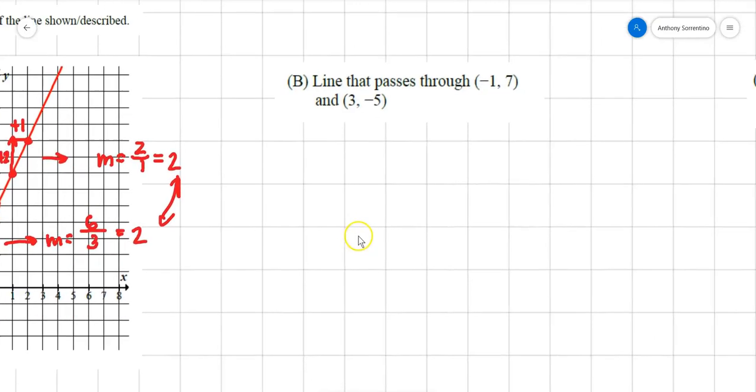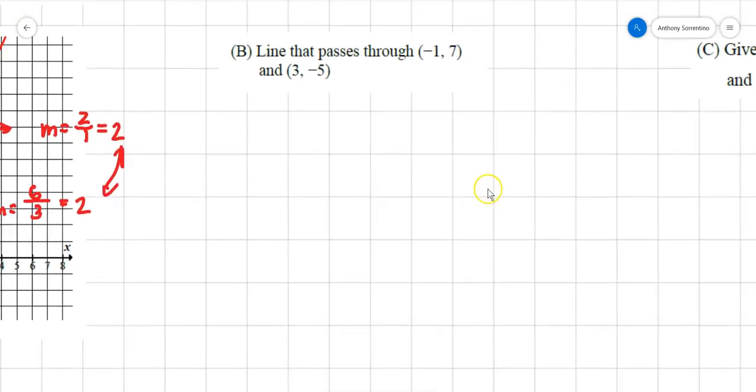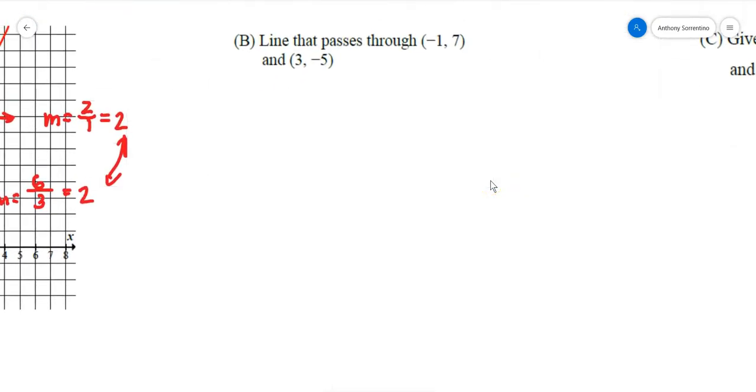If you're given nothing but coordinates, though, yeah, you could graph it and then count spaces like I did for part A. But again, I just have to use the formula for this. So m, and again, it doesn't matter which one I take to be x1, y1, x2, y2. I want to take the two y coordinates and subtract them. So I'm just going to start with the 7 first, minus a negative 5.